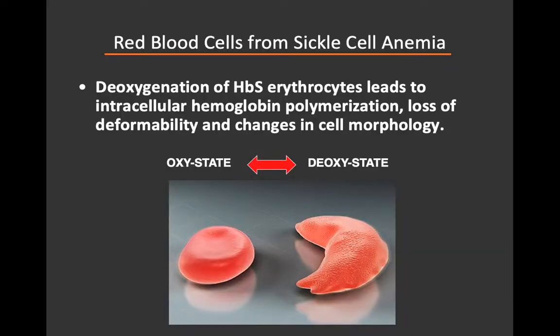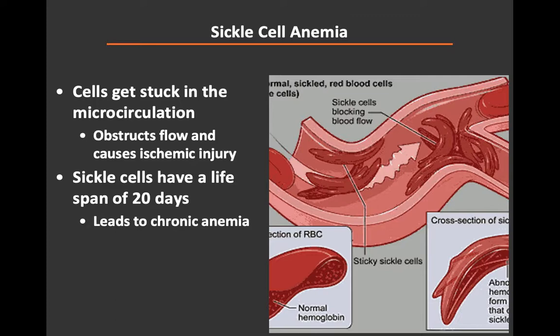So deoxygenation is a big problem for these patients. And this just shows you how it can get stuck in the areas where they're supposed to flow easily and bend. Because remember, I told you red blood cells need to be very flexible and they need to be able to bend and change shape to get around corners.